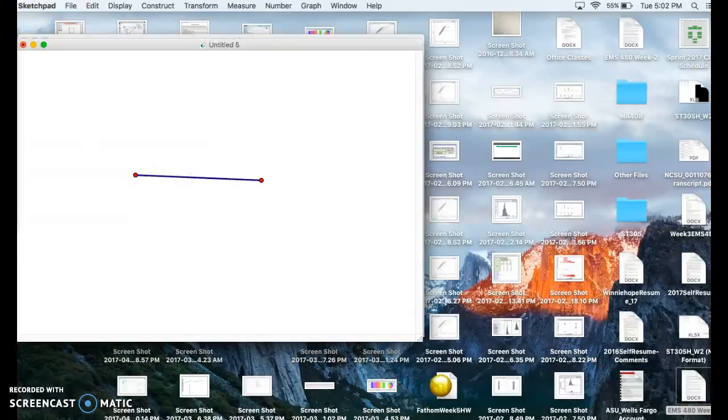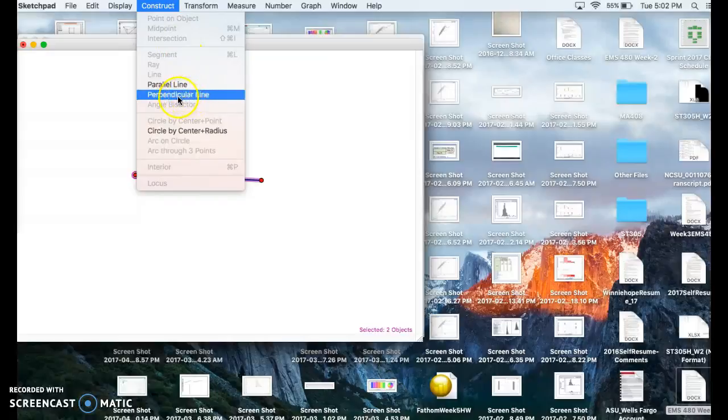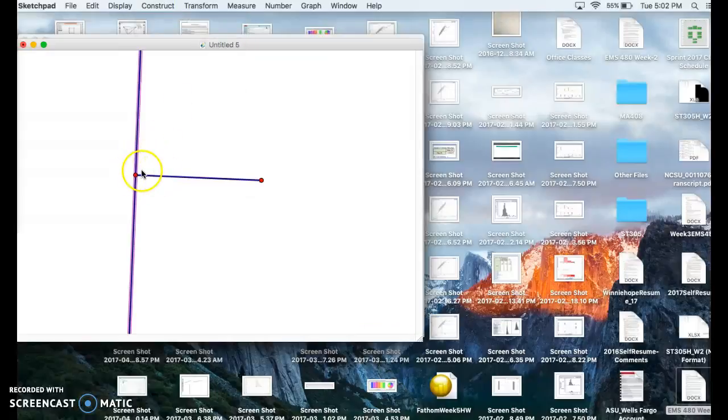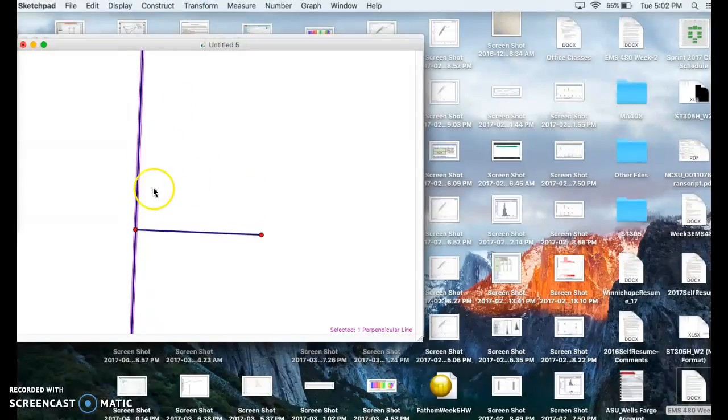After I have my segment, move the cursor back up here, click on this segment, click on the endpoint, and you would like to construct a perpendicular line in order to give us that 90-degree angle as they connect at the vertice. And then we would like to create another perpendicular to this line. So let's put a point somewhere on that line, really, to give us that side length, and bring the cursor back here.